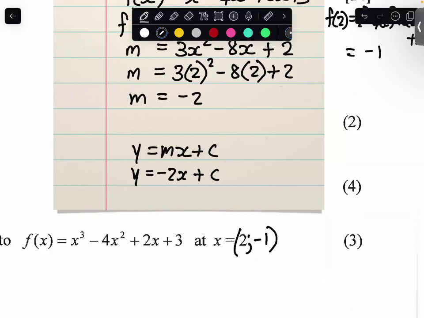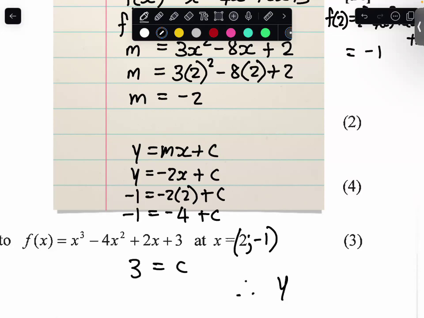I'm going to sub that in place of x and y here. So -1 is equal to -2 into 2 plus c. That gives me -1 is equal to -4 plus c. Take that -4 over. It's going to give me 4 minus 1, which is 3. C is equal to 3. Therefore, the equation of the tangent is y is equal to -2x plus 3.